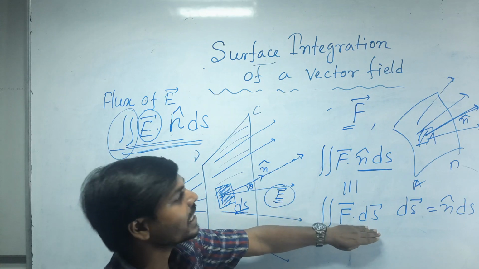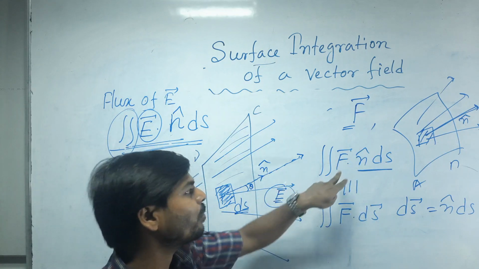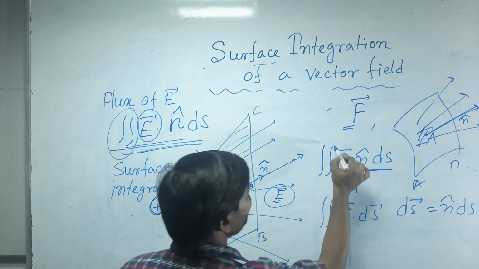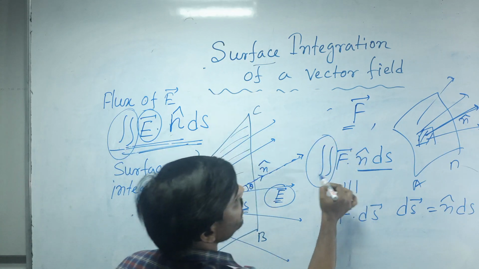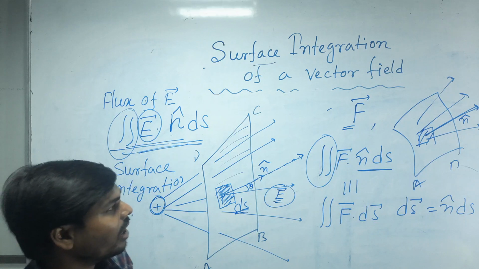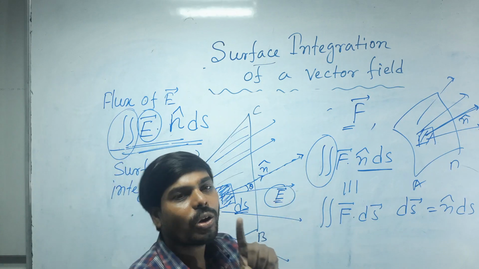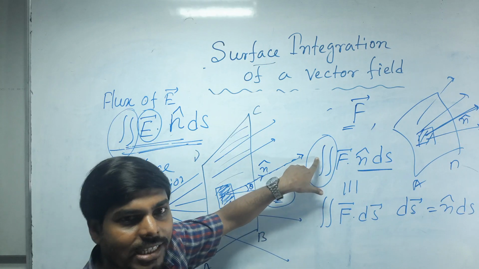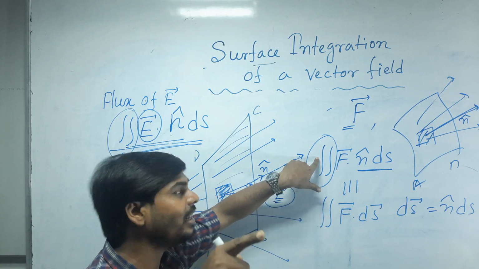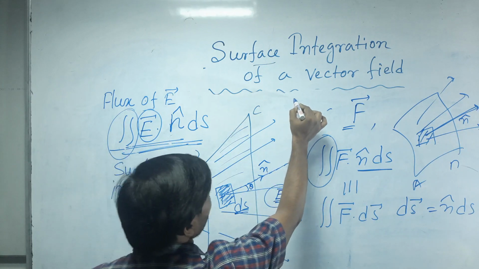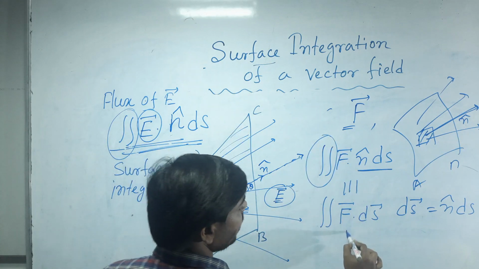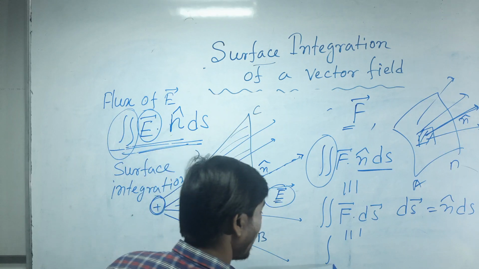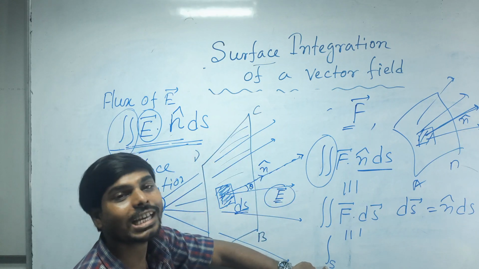It also represents the same surface integration of the given vector field. Sometimes we do not use the double integral but would like to use a single integral. So in place of the double integration symbol, if you want to write a single integration, you have to write this one, with S for surface.